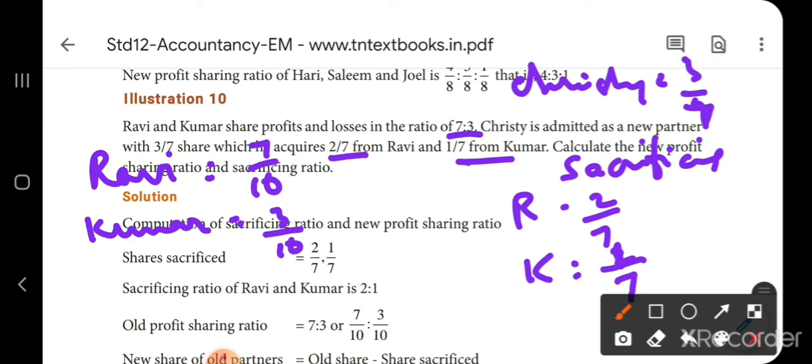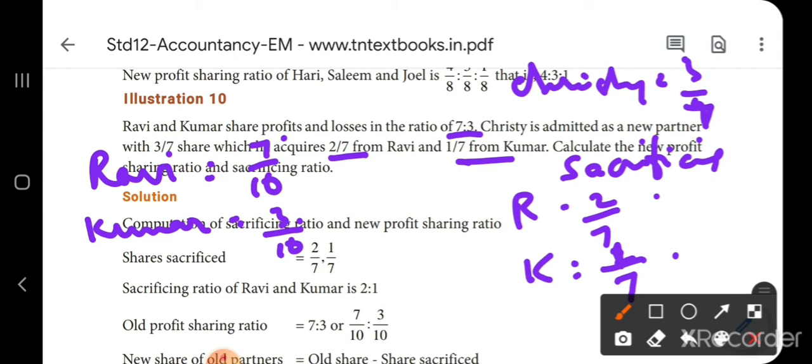So this is the sacrificing ratio of Ravi and Kumar, 2:1. Now, the old ratio, 7 by 10 and 3 by 10, is the old share. You know the sacrificing ratio of Ravi and Kumar. Now, you have to calculate the new profit sharing ratio.